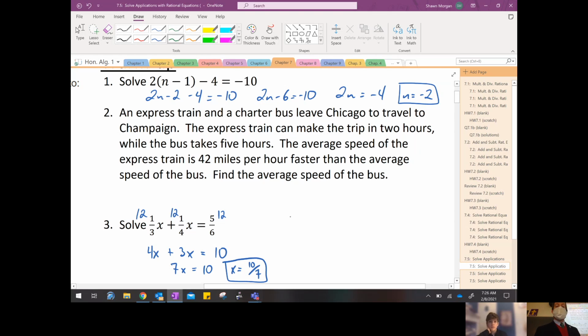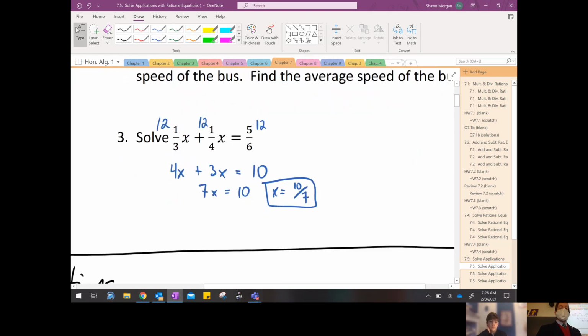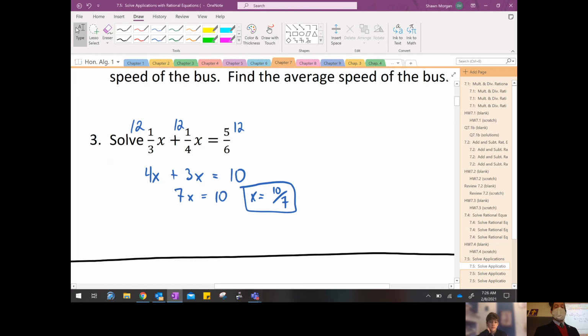Okay. The other way that I had talked about maybe working this one was if you wanted to combine the two fractions, right? Here, I'll just zoom in this way. If you had wanted to change the first fraction to 4x over 12, and the other fraction to 3x over 12, and combine those two together to get 7x over 12, and then the right-hand side being 5 over 6, you could cross multiply and solve it out.